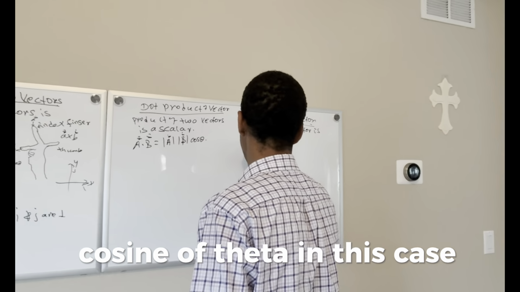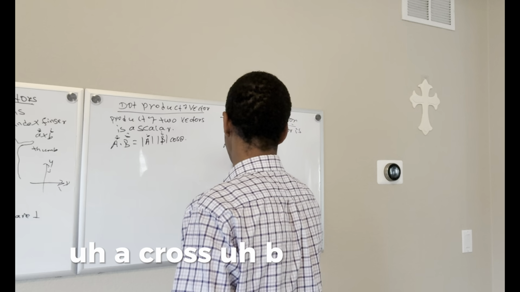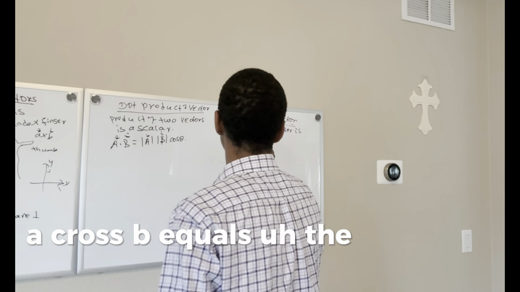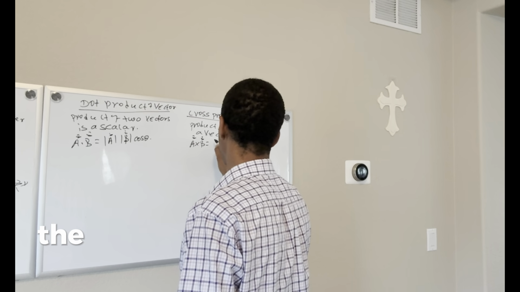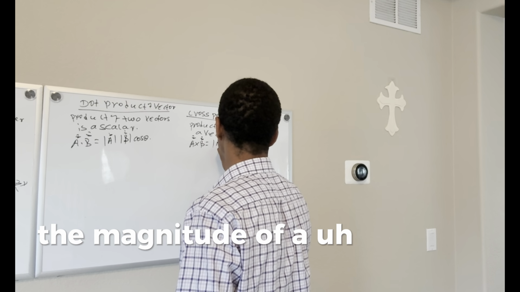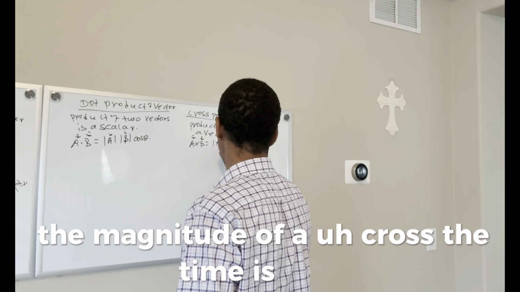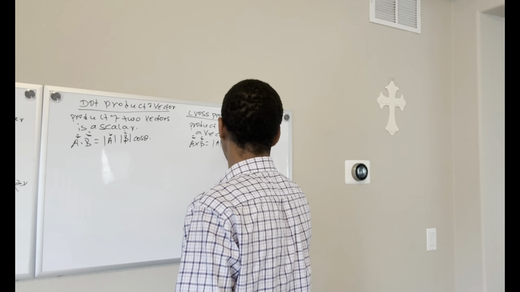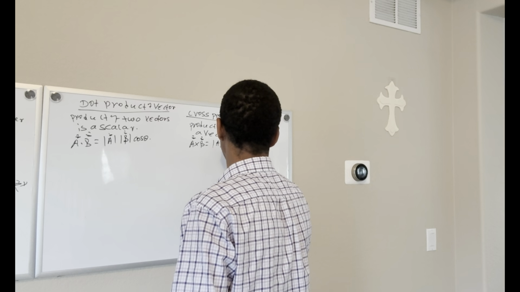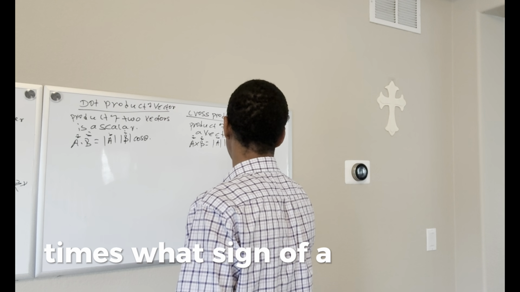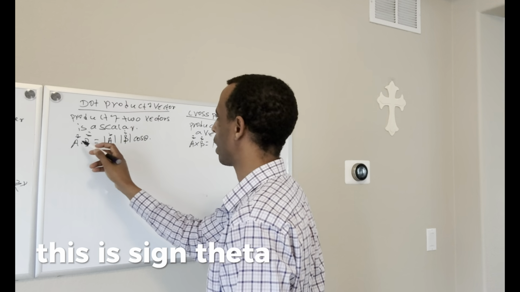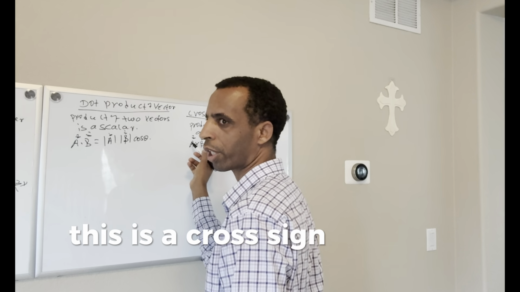In this case, A cross B equals the product of the magnitude of A times the magnitude of B times sine of theta. Look, this is cos theta, this is sine theta.